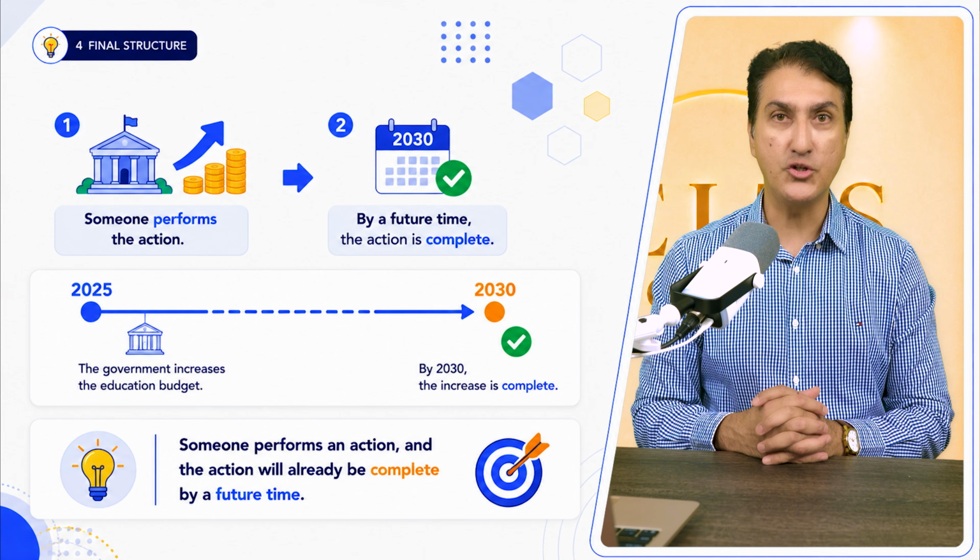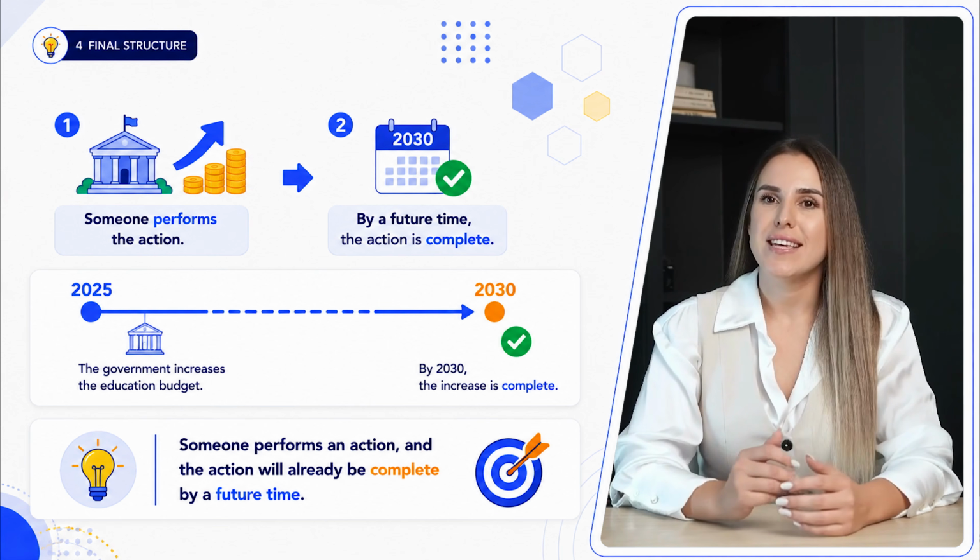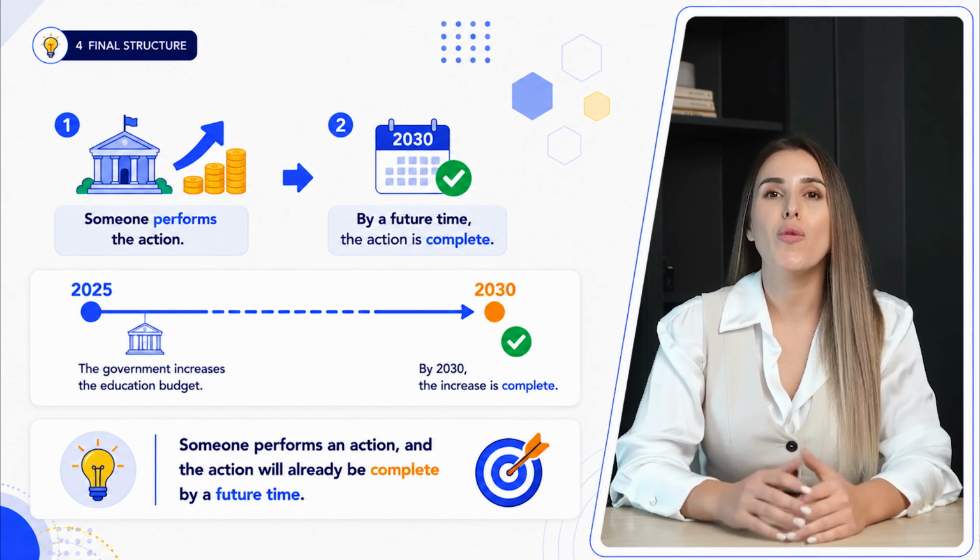By 2030, has the increase already happened? Yes, by then it will already be finished. Exactly. Now, let's put these two ideas together. Someone performs the action, and the action will already be complete by a future time.